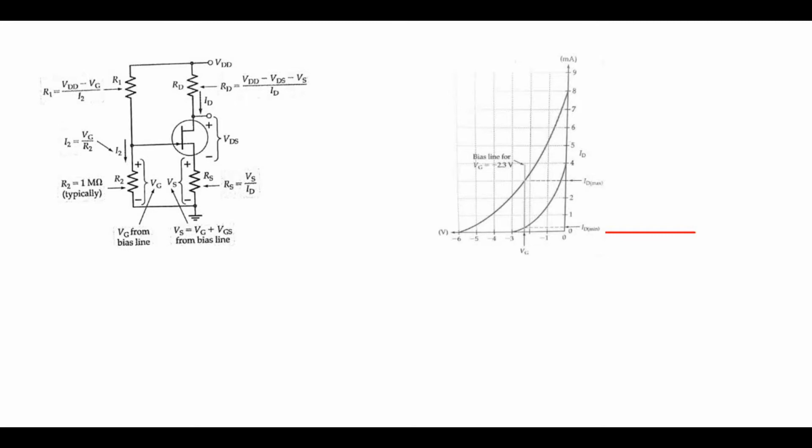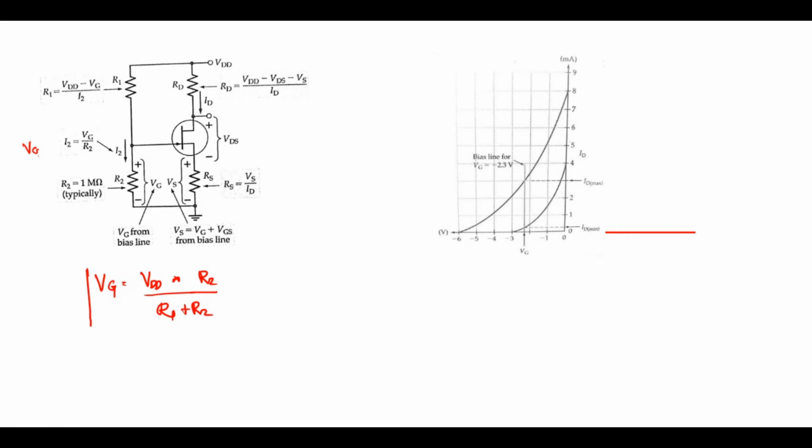Here we have Vg, at this point, that can be written as Vg is equal to Vdd into R2 divided by R1 plus R2. So this is the equation.